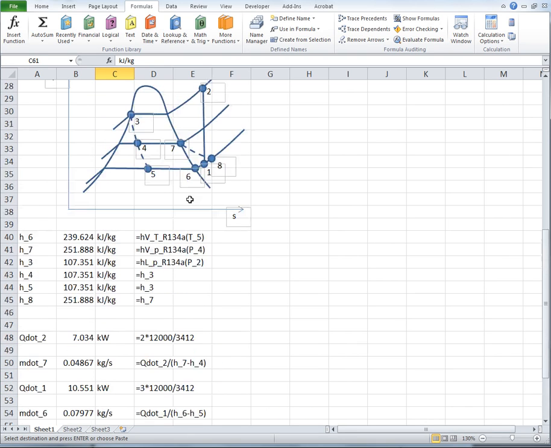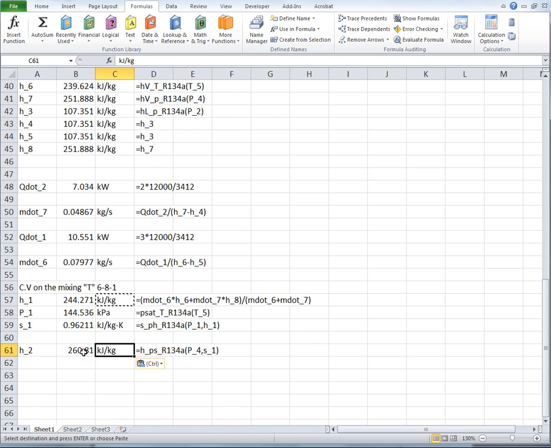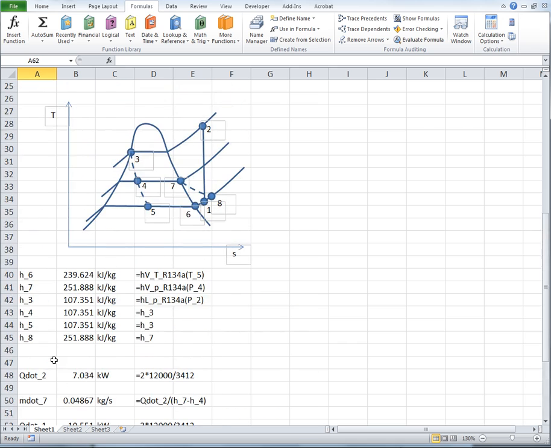In other words, I'm going to take S and P at state 2 and find H2, but finding S1 is a little tricky with the tables, and then interpolating at 1000 kPa with that S is pretty straightforward to find this H2. Okay, so with those properties, I think we're just about done.